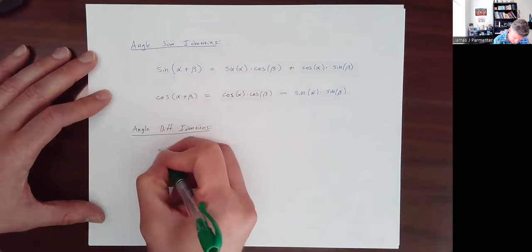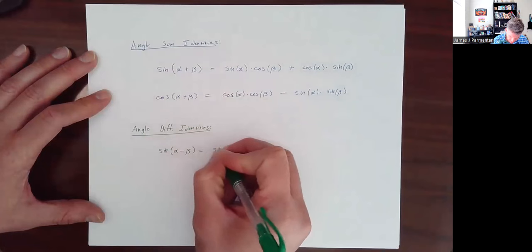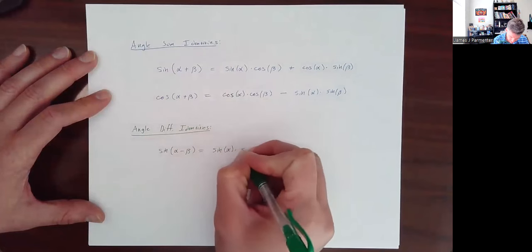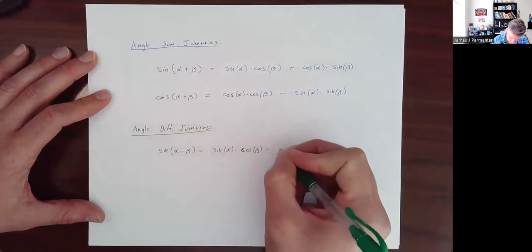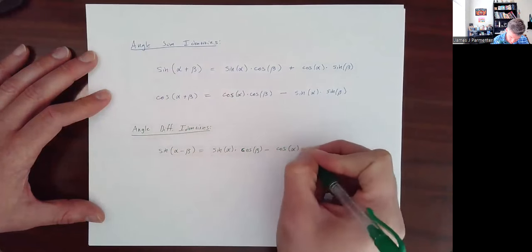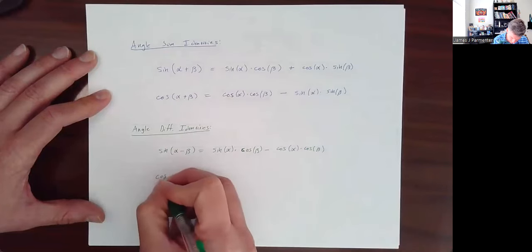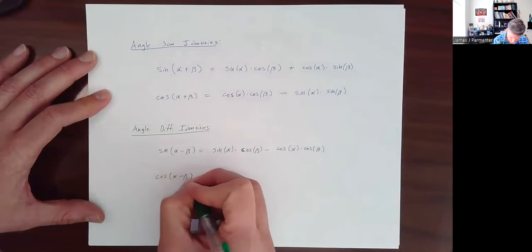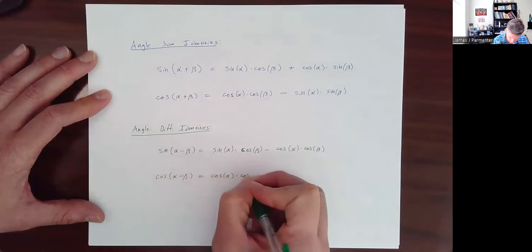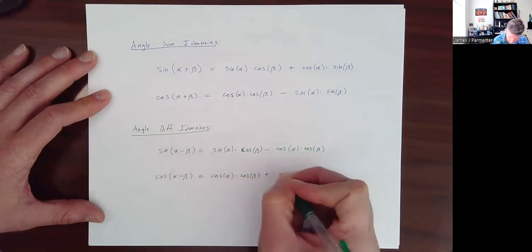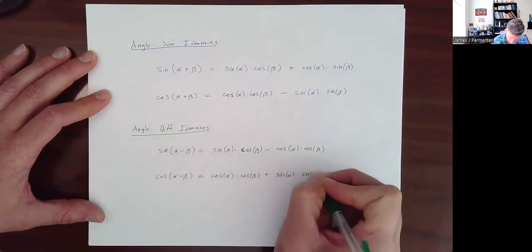So sine of alpha minus beta is sine of alpha times cosine of beta minus cosine of alpha times sine of beta. And cosine of alpha minus beta is cosine of alpha times cosine of beta plus sine of alpha times sine of beta.